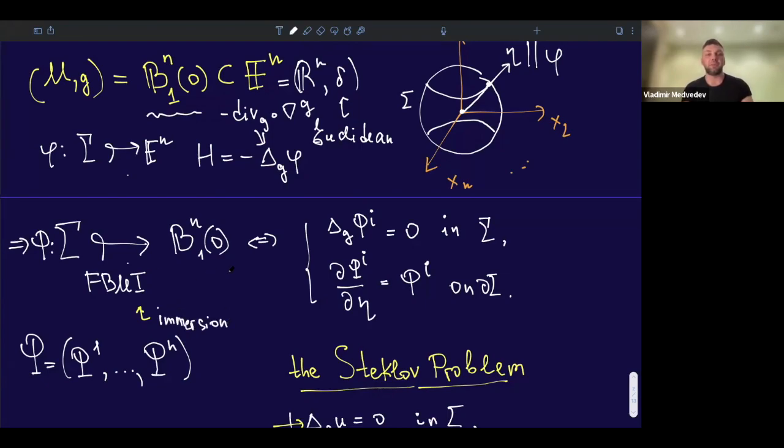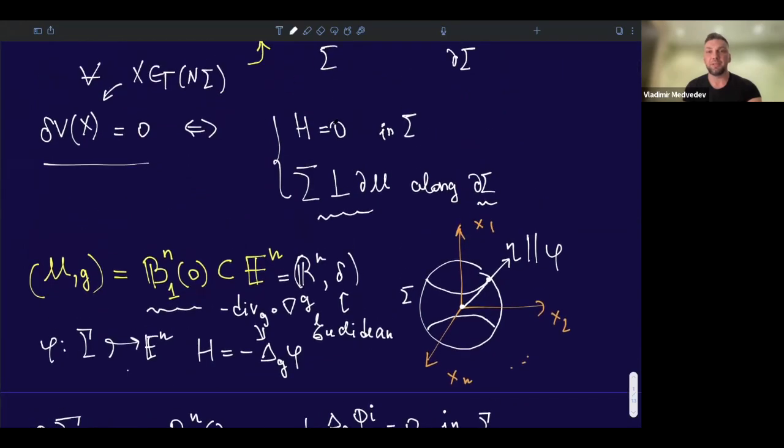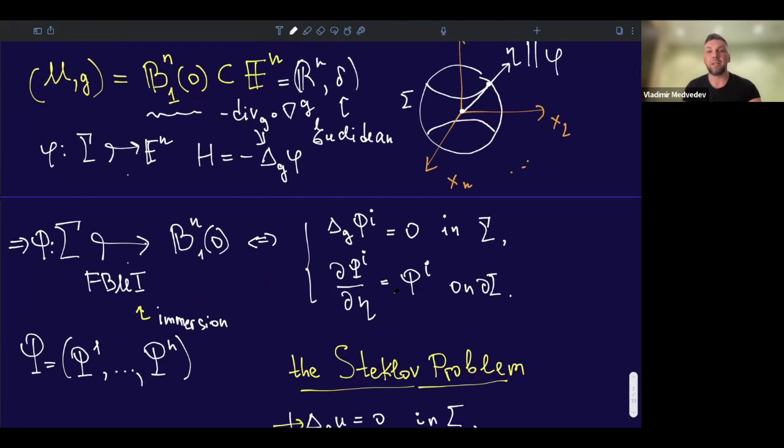So this free boundary condition implies that the coordinate functions of phi, phi_1 and so on, phi_n, are harmonic in Sigma because we wanted H to be 0. And along the boundary, we have the following condition: the normal derivative of phi_i is phi_i.